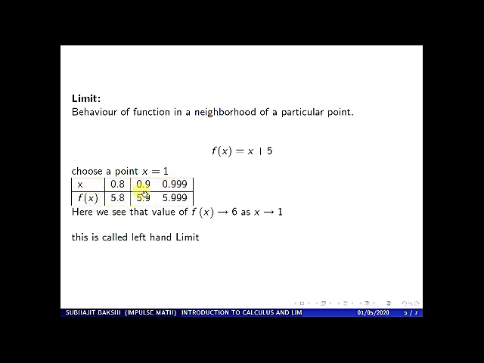If we take x as 0.9, then f(x) is 5.9. If we take x as 0.999, then f(x) is 5.999. Here we see that the value of f(x) is approaching 6 as x approaches 1, and this happens from the left hand, so we call this the left hand limit. So we say that f(x) tends to 6 as x tends to 1.